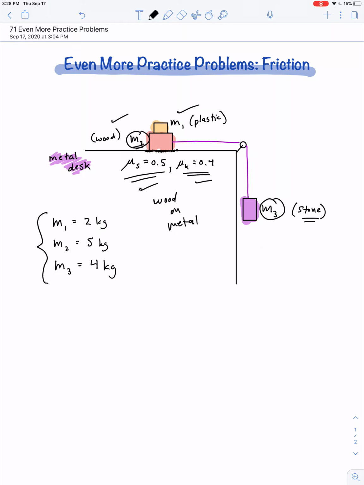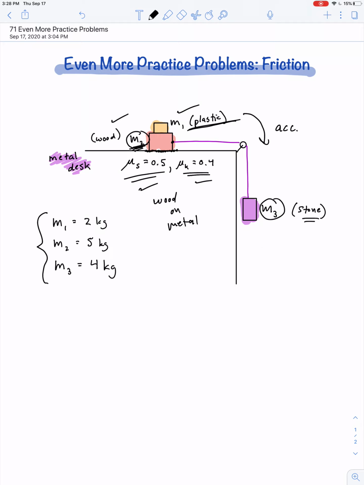Now you can imagine when the system is released from rest and accelerates in this direction, if it accelerates enough, it could be like pulling the tablecloth out from under the dishes. If the plastic block is at rest, and the whole system is released from rest, but consider the inertia of the plastic block. Because the string is only connected to block number 2, then block 2 might slide out from underneath block 1.